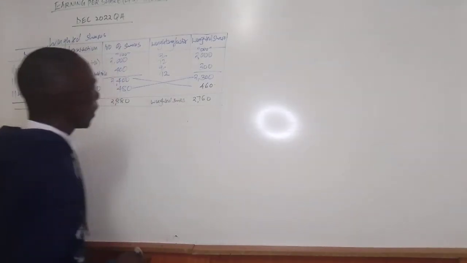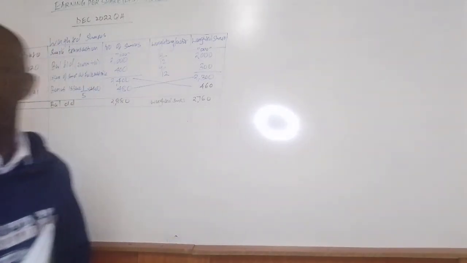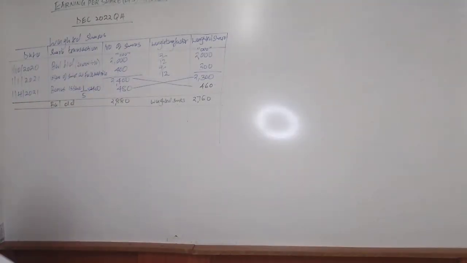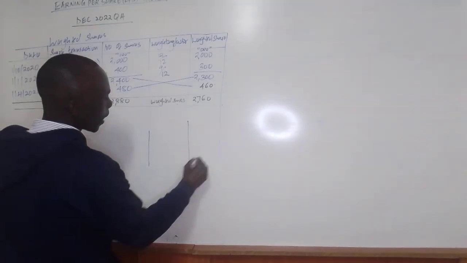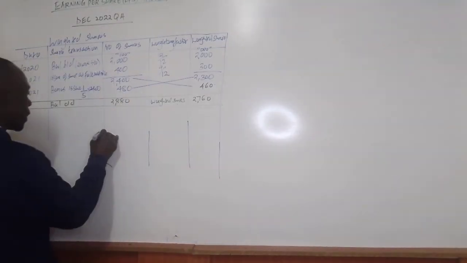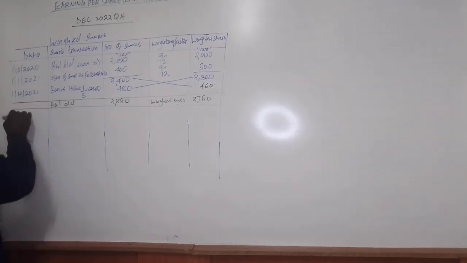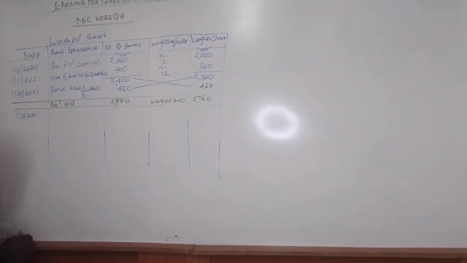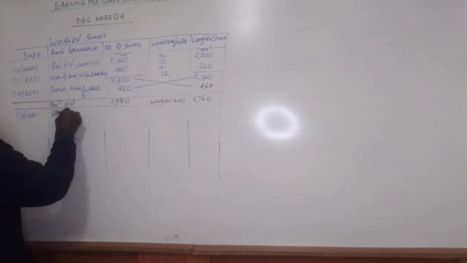Remember, when we go to the next financial year, the exercise begins again. So we are going to begin the exercise again in this case, whereby we will say now it is on 1st October 2021, we have our balance brought down.